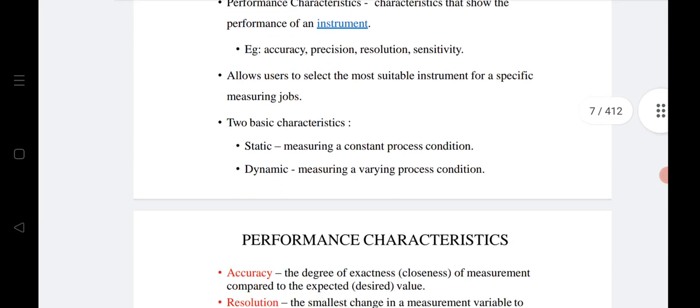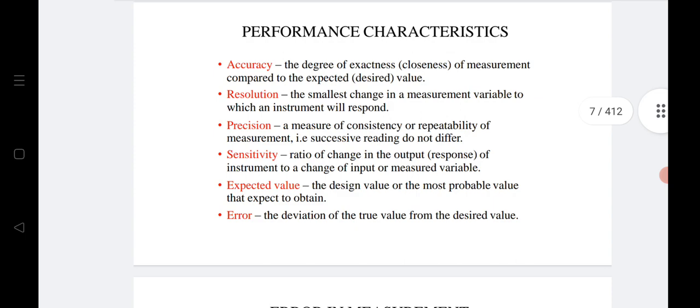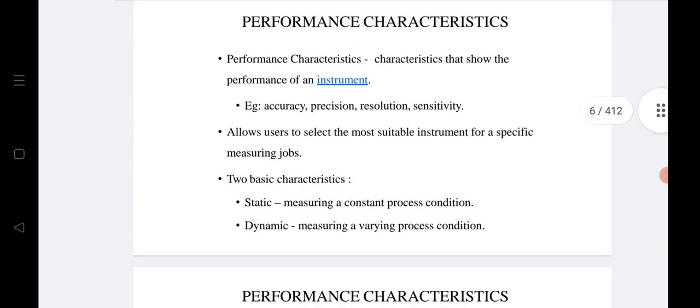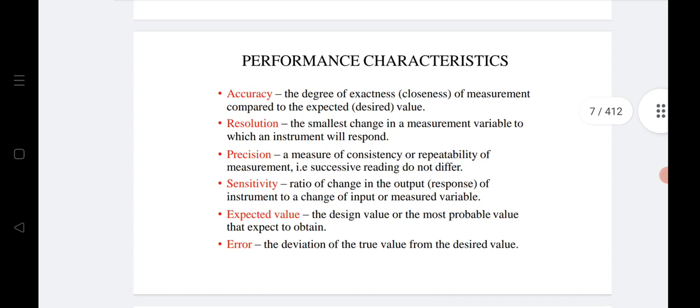Coming to our performance characteristics, I have told you just now that in performance characteristics we have accuracy, precision, resolution and sensitivity. Let us get into the definitions of those things. What do you mean by accuracy?